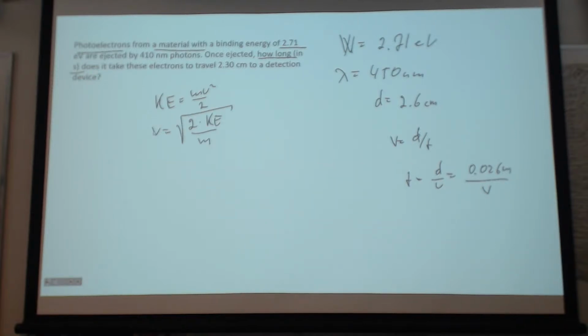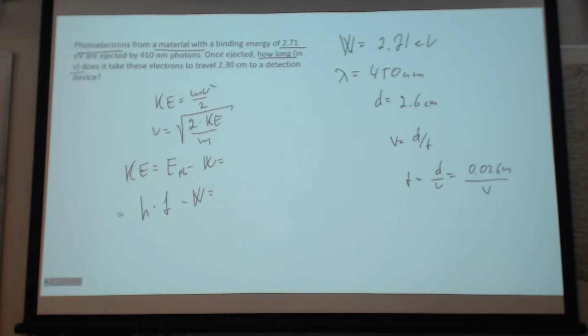Kinetic energy comes from Einstein's law: energy of the photon minus work function. The energy of a photon is Planck's constant times frequency, which is Planck's constant times speed of light over wavelength. Now I'm just thinking, how do I want to do it first?